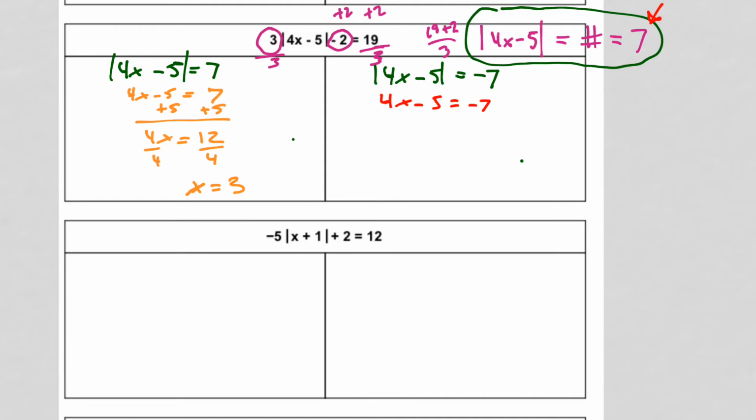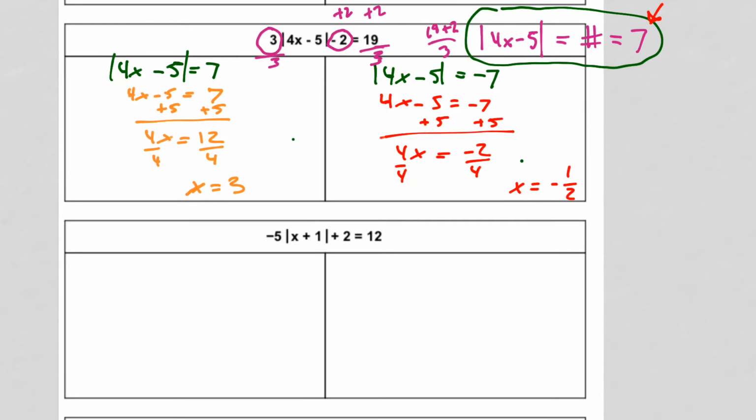If it's minus 5, we have to add 5 to both sides. You're going to get 4x is equal to -2. Next step, divide by 4, and you wind up with x equals -1/2.